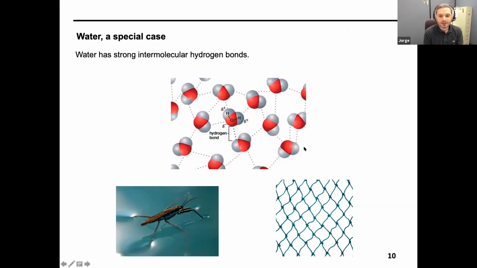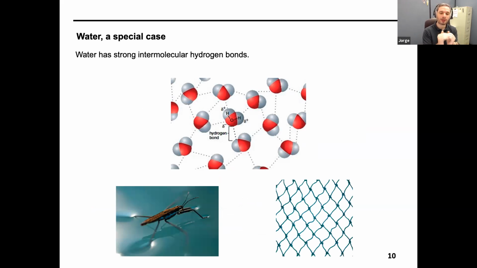Okay, so water is a very special case because it has strong intermolecular hydrogen bonds, and the result of these very strong hydrogen bonds in water is a high surface tension.